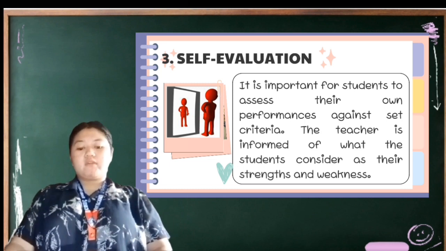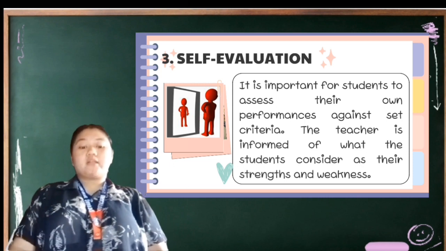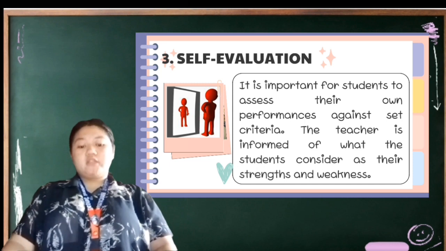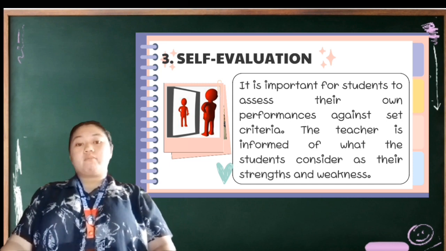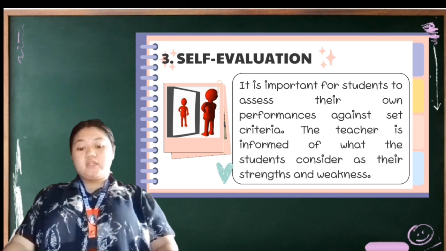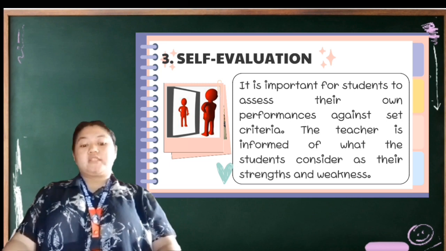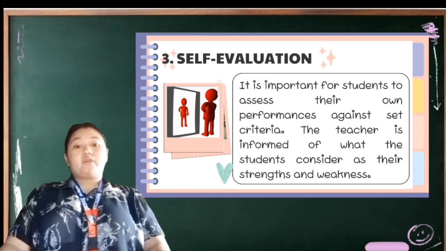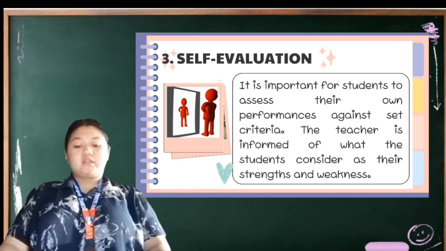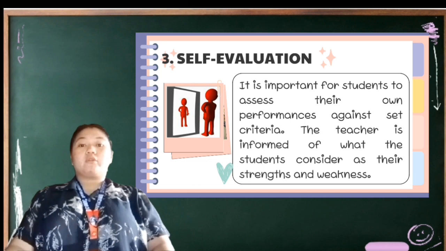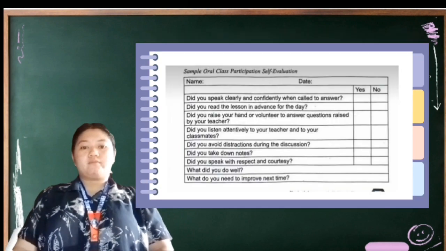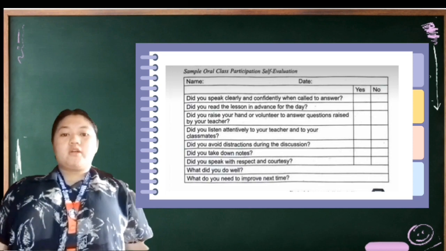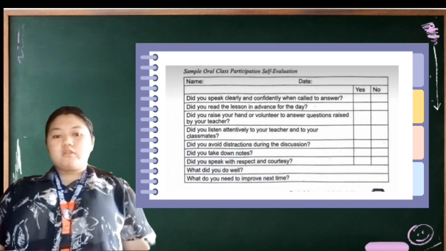Self-evaluation is like looking at yourself in the mirror to see how you're doing. It's when you think about what you have done, how well you did it, and what you could do better next time. It is a way to figure out your strengths and weaknesses so that you can improve or develop more.